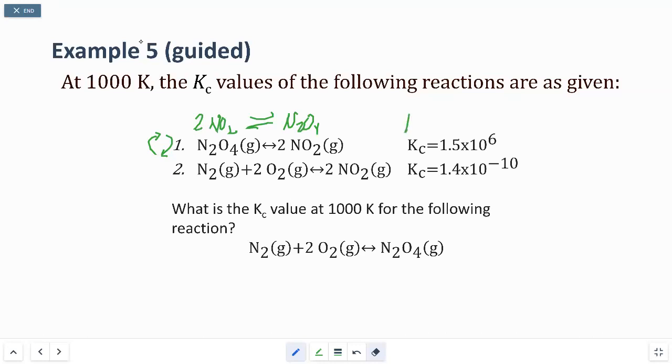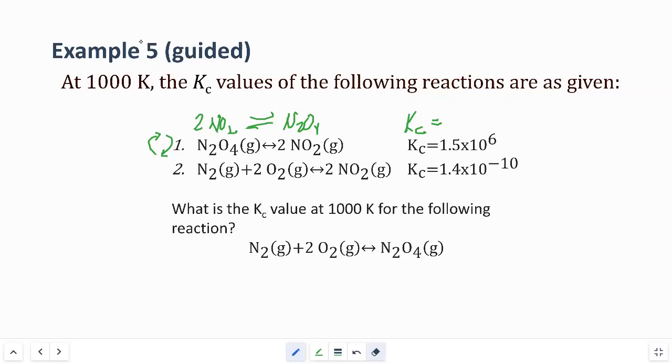Since I flipped the reaction, I need to flip the equilibrium constant as well. We just talked about that. Now, changing its sign makes no sense whatsoever. Remember, to flip a constant like this, we need to take its reciprocal. 1.5 times 10 to the negative sixth raised to the negative first power, or 1 divided by 1.5 times 10 to the negative sixth, either way you want to look at it.